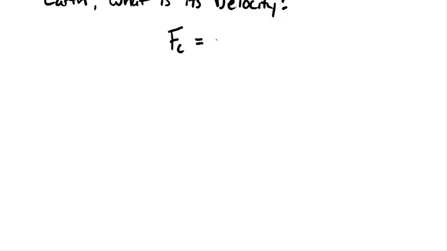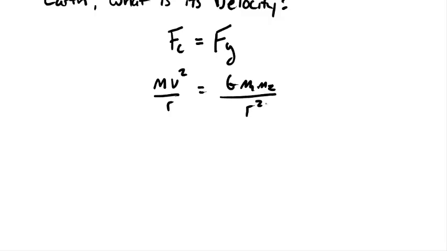What's keeping it in the circle is force of gravity, and so I will use m v squared over r equals G m1 m2 over r squared. Maybe just to simplify, I'm going to say this is mass of satellite, and I'll say that's mass of Earth. Well, I can do some cancelling here. And okay, cancel out mass of satellite, cancel out one of the r's, this is 1.